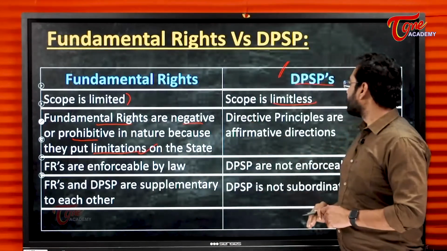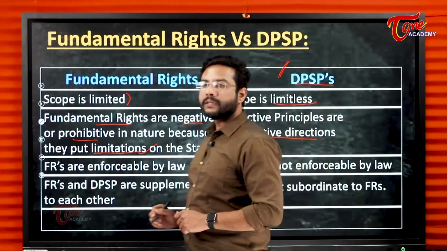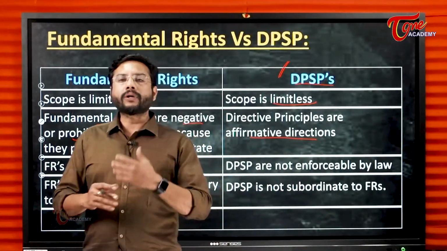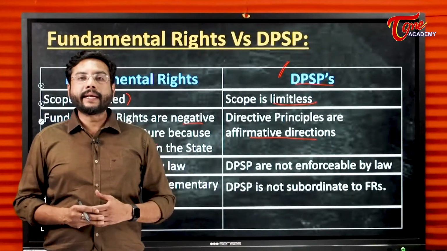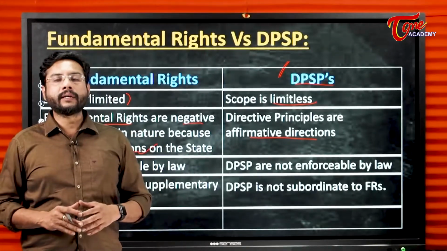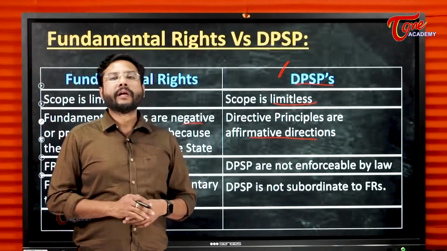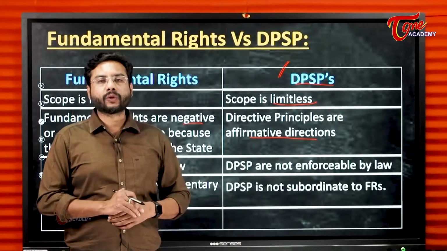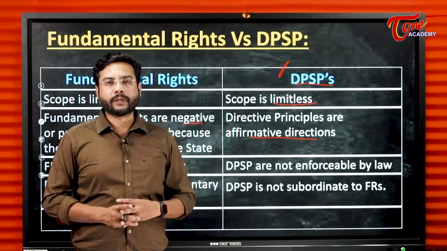In directive principles, we say they are affirmative. Affirmative in the sense that they add positivity in the framing of policies. The state should ensure that whatever policies they bring for the good of the people, for establishing a welfaristic society, they need to get influence from the directive principles of state policy.